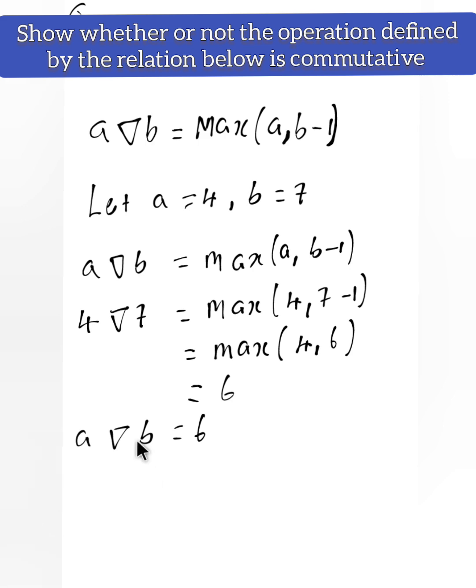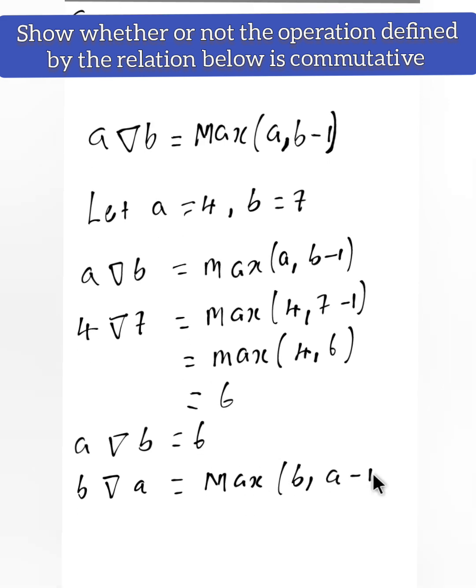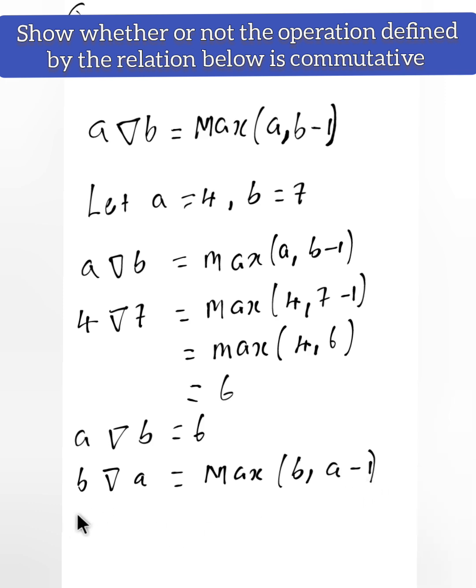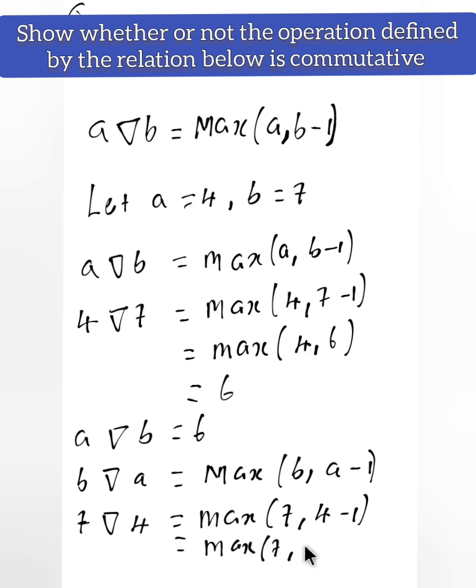Likewise, let's solve for B operation A. Using the formula above, B operation A will become the maximum of B and A, minus 1. Using the same values, B is 7 and A is 4. This will be the maximum of 7 and 4 minus 1, which is the maximum of 7 and 3, and the maximum of 7 and 3 is 7.